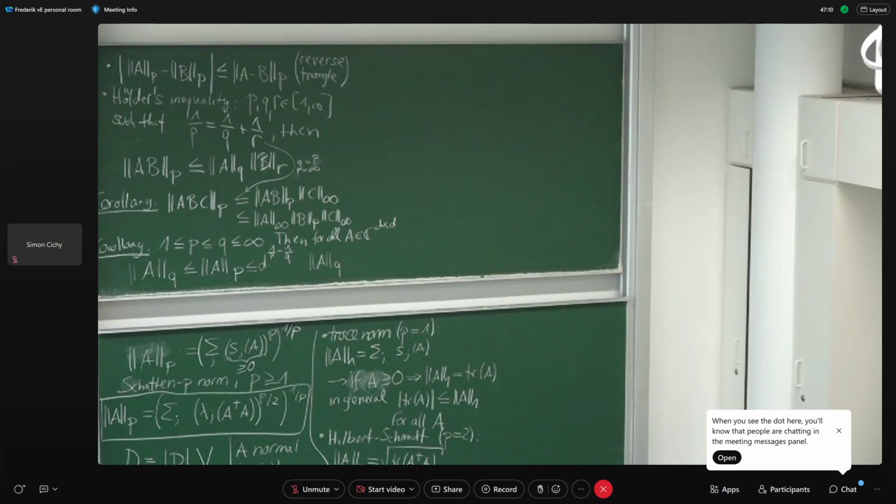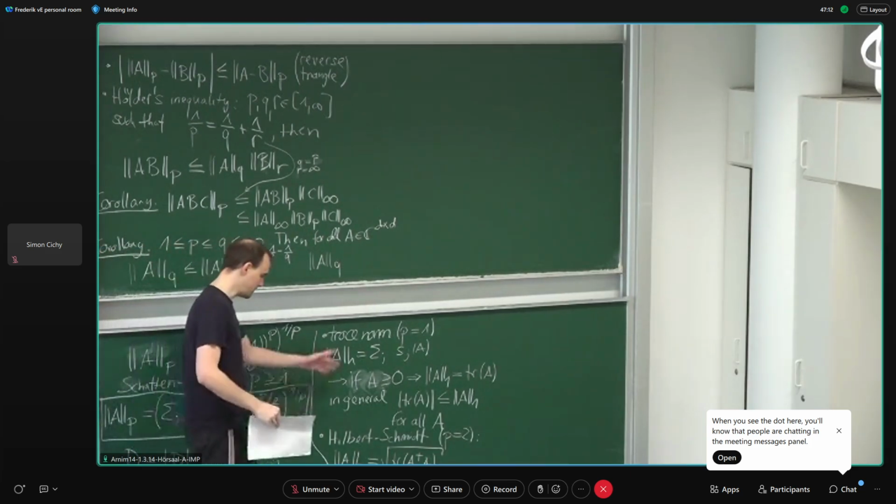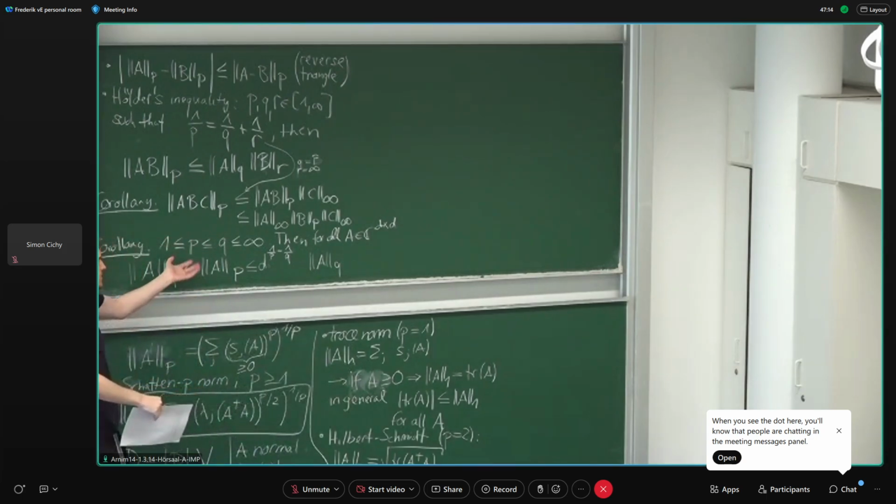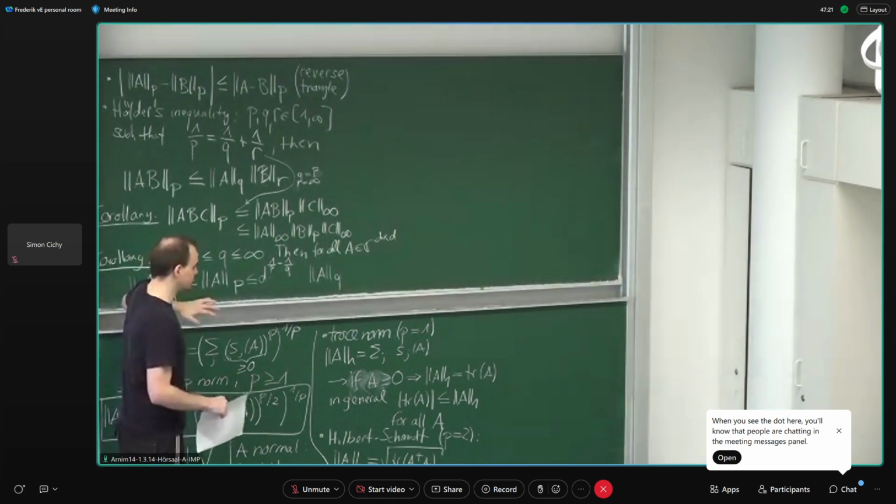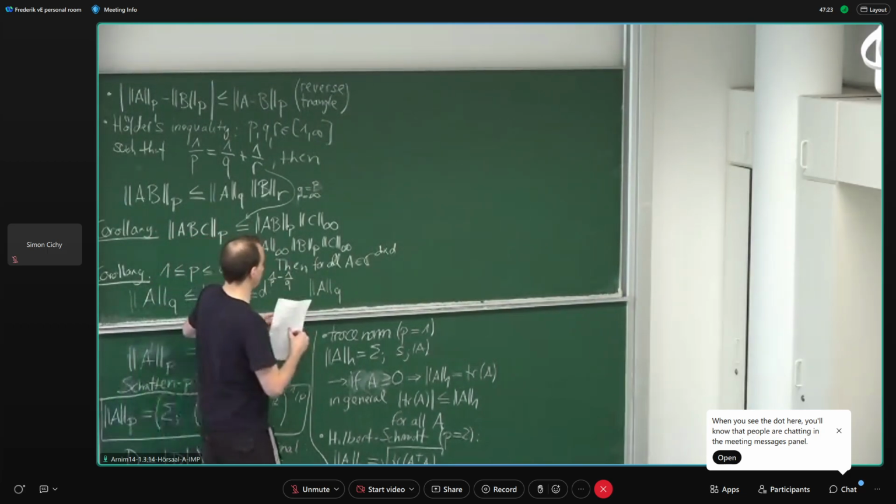So if we want to learn something about how these norms are related, we just apply this, right? We choose p equals 1, q equals 2, p equals 2, q equals infinity, and so on. And I also write that down. Quick.